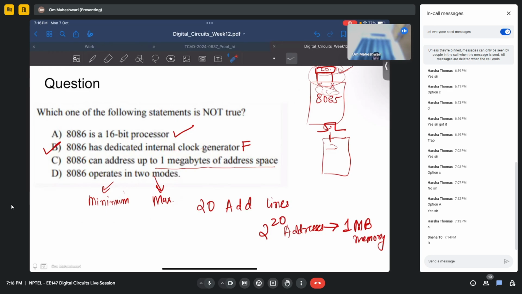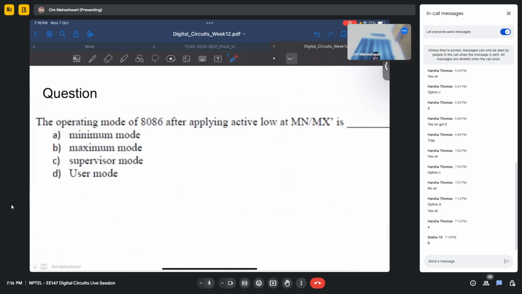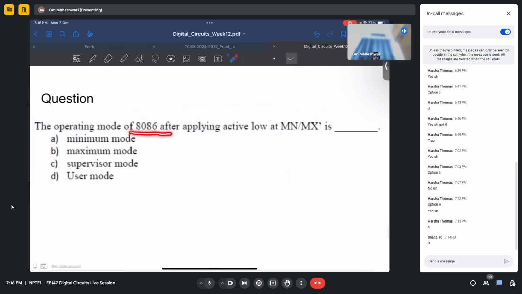All right, let's see the next one. The operating mode of 8086 after applying active low at MX bar is A, minimum mode, B, maximum mode, C, supervisor mode, D, user mode.